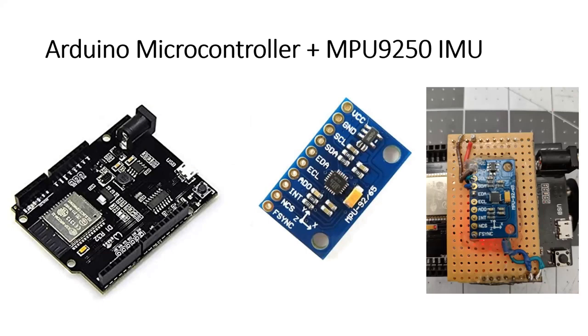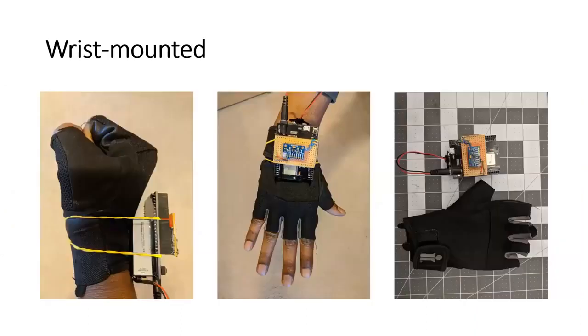This device, the MPU 9250, is an IMU, and I basically combined the two into this contraption that captures the motion and sends it to my computer. And this is essentially how I mounted it on my wrist, with a glove and so forth.